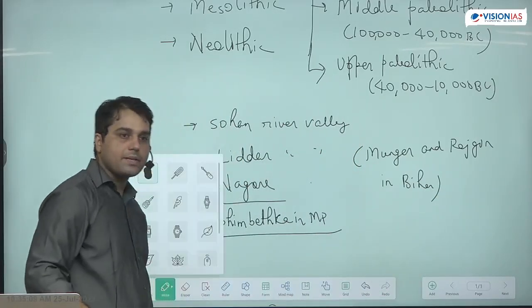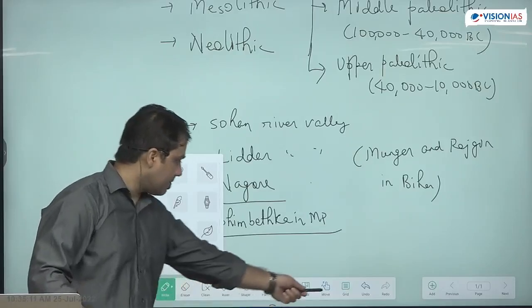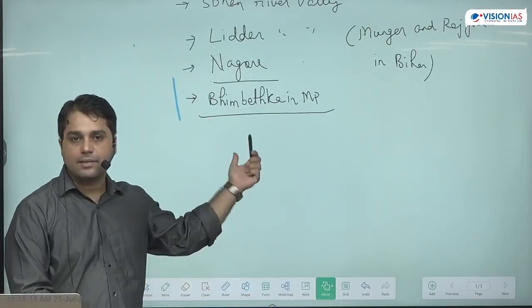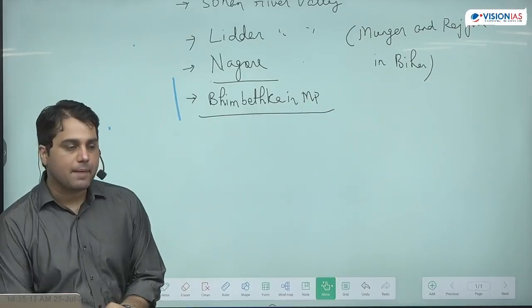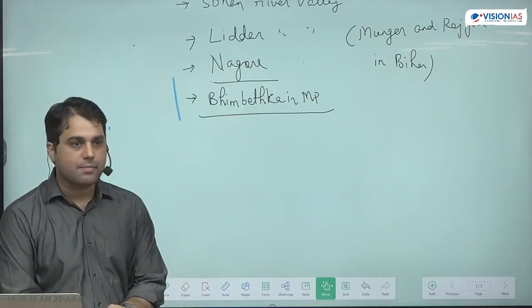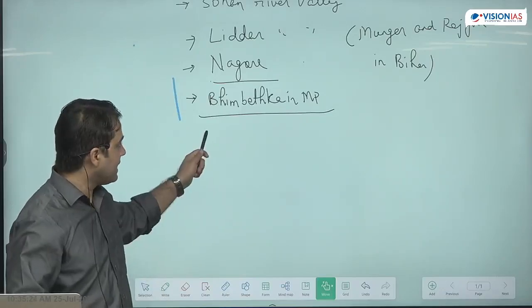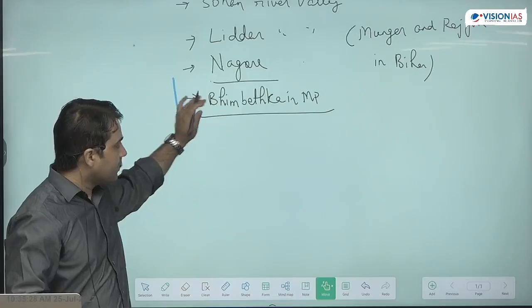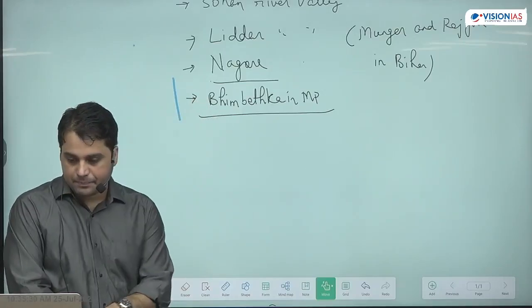Now Bhimbetka is a very very important site. एक site जो पता होना चाहिए. Bhimbetka has a settlement even in Paleolithic age, in Mesolithic age, and even in Neolithic age we do find Bhimbetka settlement. So especially for Mesolithic age, Bhimbetka is very very important. Right? So this is perhaps one site which you should be aware about.